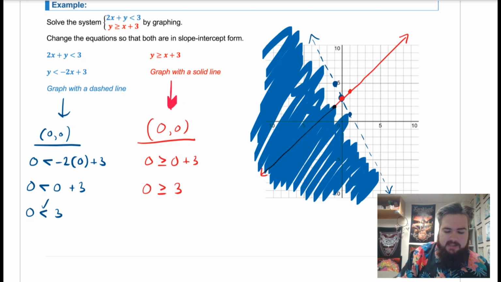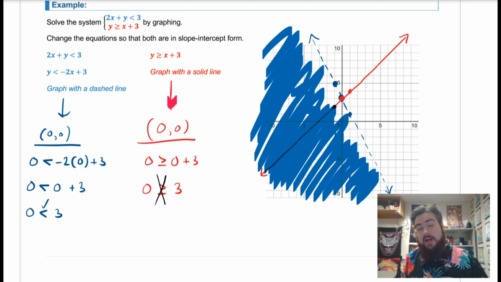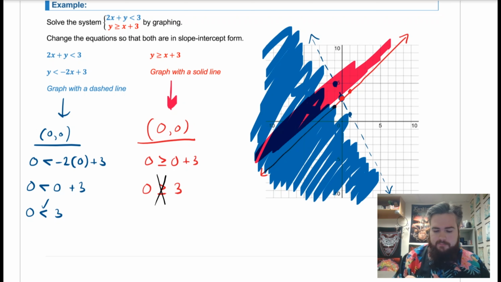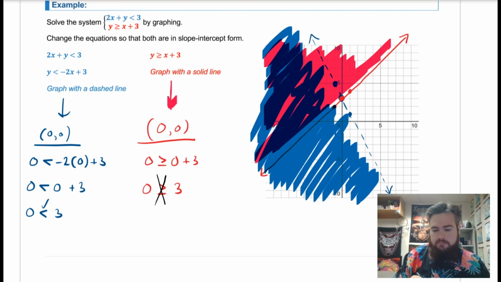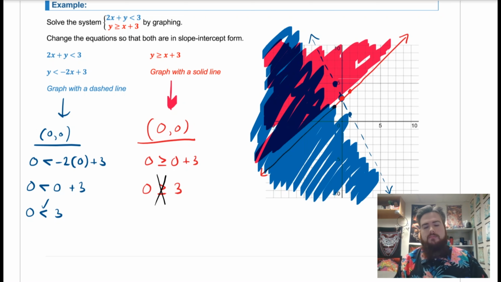This one is not true. 0 is not greater than or equal to 3, which means that we would want the half plane that is not including (0, 0) to represent the set of solutions for the red inequality. So I'll shade that in red. That would be everything above the red line. Just like that.